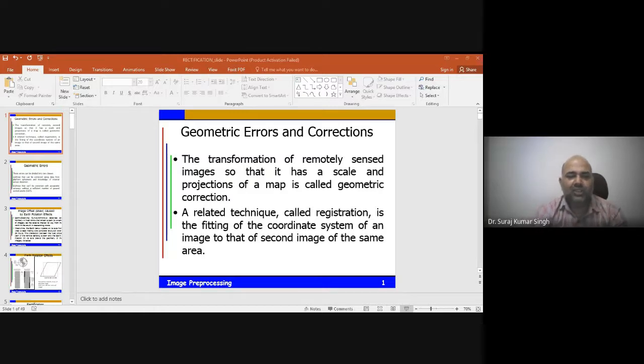The advantage is that the stair step effect caused by nearest neighborhood is reduced. It's smooth because we are using the average value of 16 pixels. So obviously it will be smoother, and you will have an altered image. It's more expensive than nearest neighborhood and bilinear interpolation.